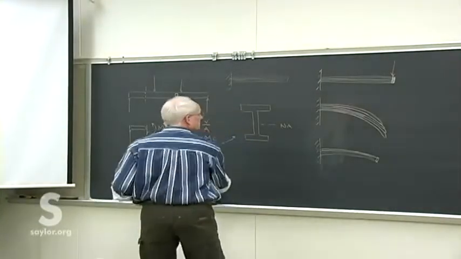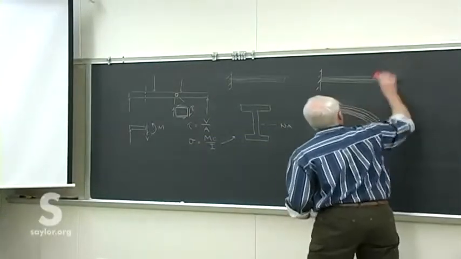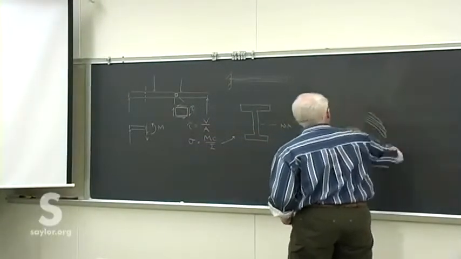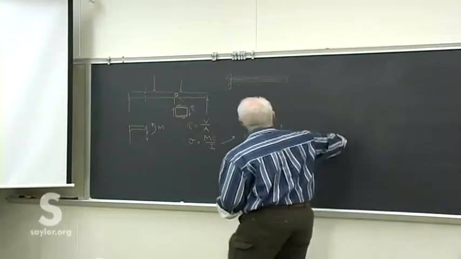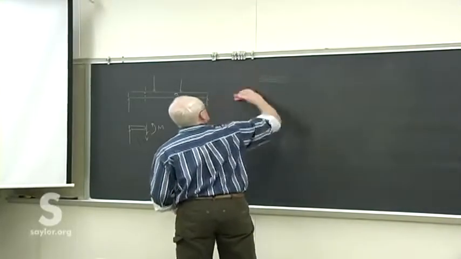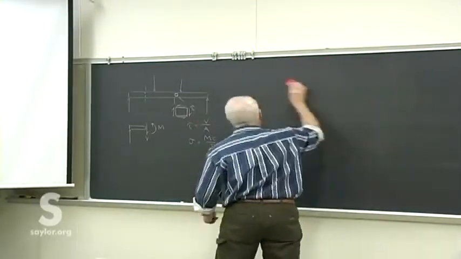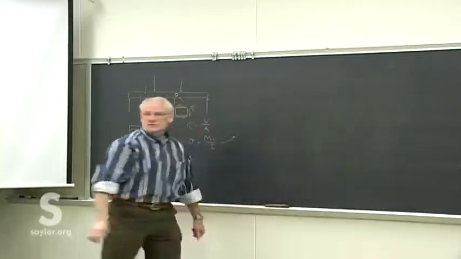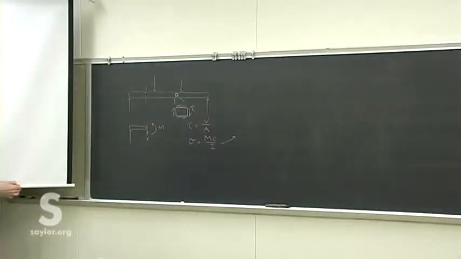So here's our setup for this. As usual, what we're going to do is look at an elemental piece and how the forces stack up along that, and then expand that out, if you will, to the entire beam.